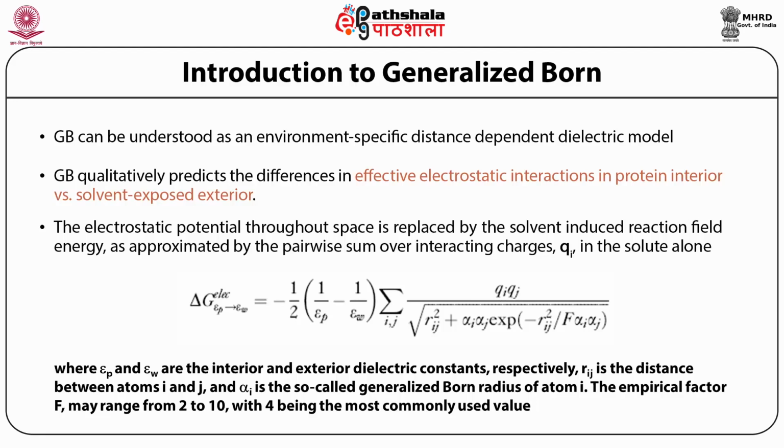Most important to note is why we call this generalized Born: we assume the protein consists of a spherical hard sphere model, and the Born approximation is valid as long as we consider that. This 2 to 10, or having 4, is the manipulating number, as you see.